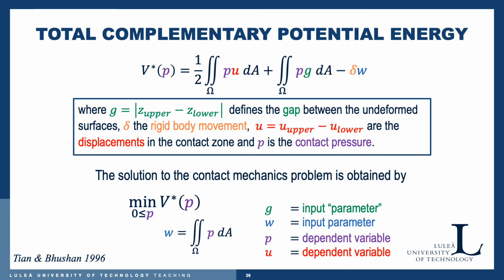So the applied load W must equal, of course, the pressure integrated over the whole nominal contact area, and G is to be regarded as an input parameter. I put this in quotation marks here because it's a function, but still it's input. W is input, pressure is a dependent variable, and U is a dependent variable.